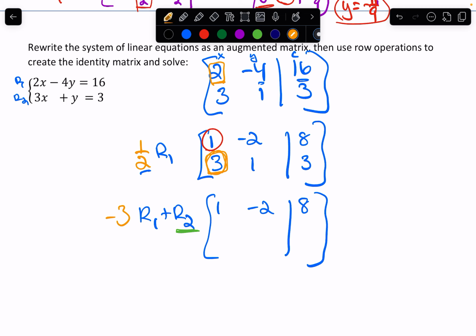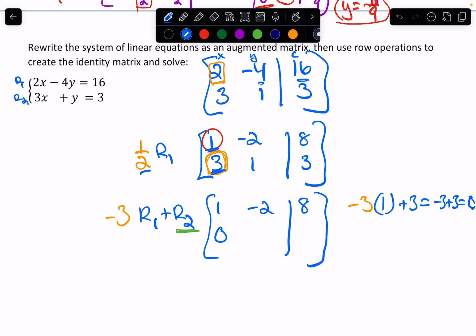So what are we doing? -3 times 1, that's this one right here, and then adding +3. So -3 plus 3 equals 0. So we get a 0 right here, which was our goal.